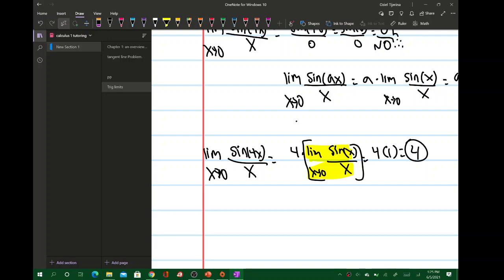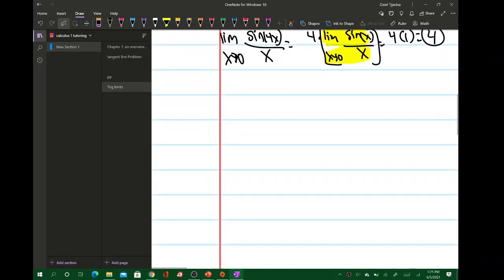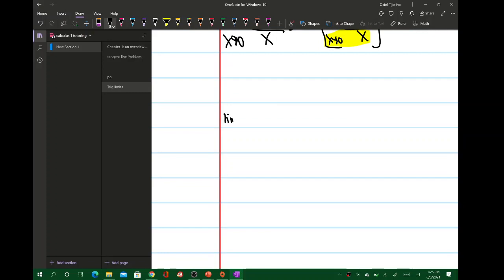This next one is a little weird, but let's go ahead and do it. The limit as x approaches 0 of secant x minus 1 divided by x. Now, secant x is just 1 over cosine x, so we have 1 over cosine x minus 1 over x.